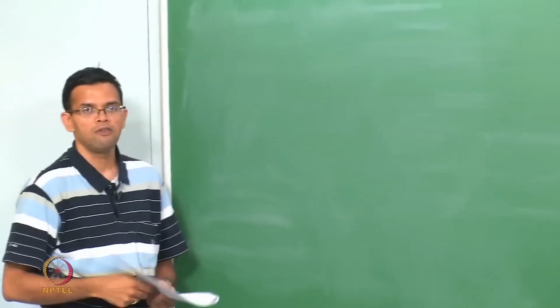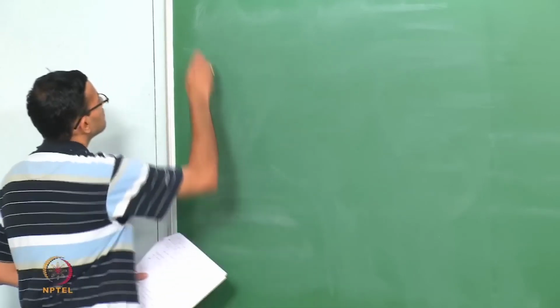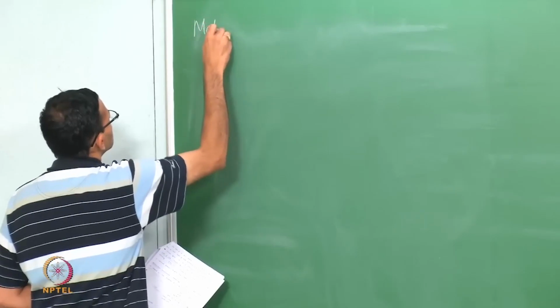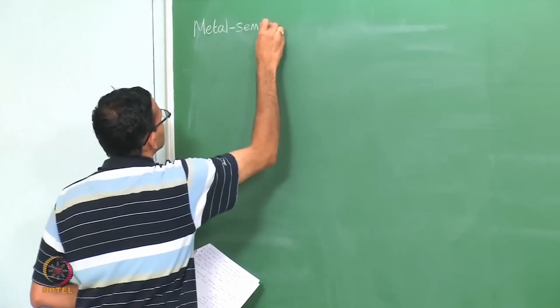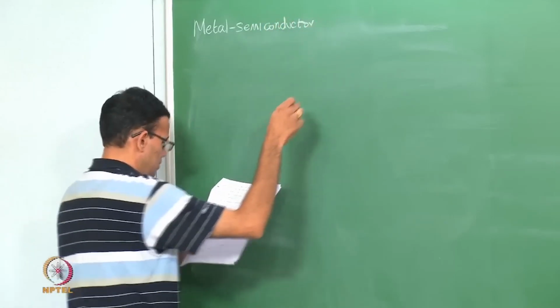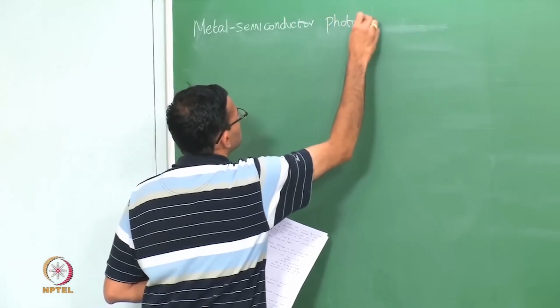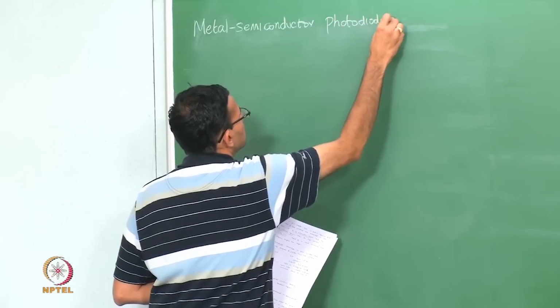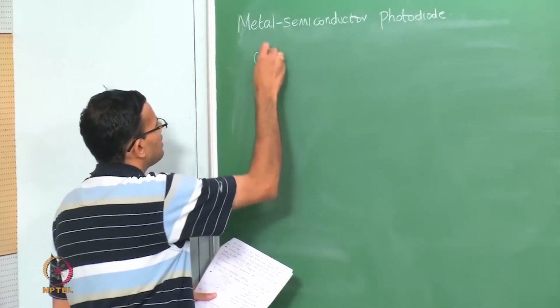We can also have a photodiode based on metal semiconductor junctions. We have seen earlier that there are essentially two kinds of metal semiconductor junctions.